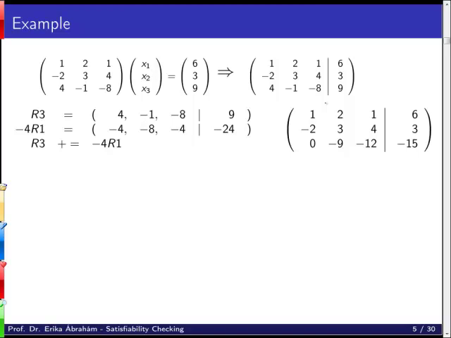So, for example, if I have this equation system, then I will use this notation as a shortcut, where this part is the matrix and this part is the right-hand side. If it is AX equals B, then this is just A and B in a short notation.